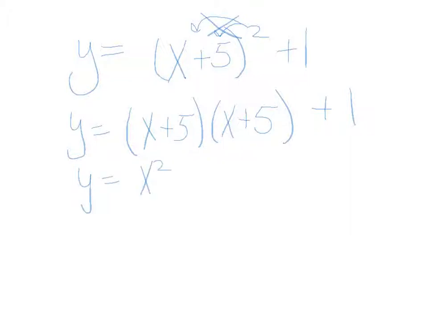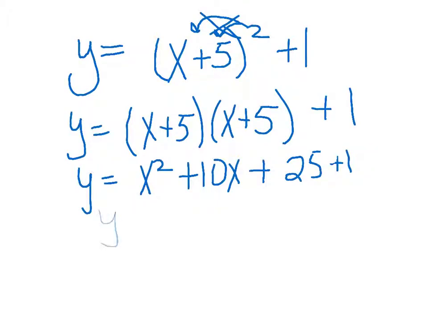So we have x squared, and then 5x plus 5x is plus 10x. Then 5 times 5 is 25. And we have plus 1 out here. Let me see if I can clean that up a little bit. That is y equals x squared plus 10x plus 26.